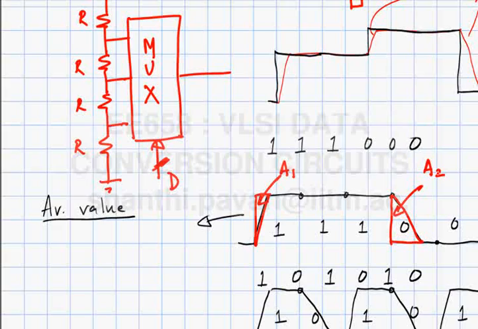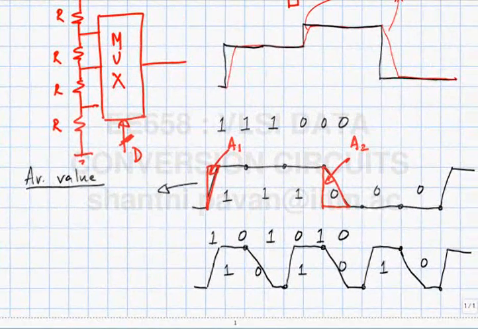So what is the average value now? If A1 and A2 are both 0, then it would be half. So if I took an ideal waveform with 0 transition time, then all that I need to do is add A1 and subtract A2 to an ideal waveform to get the real waveform.